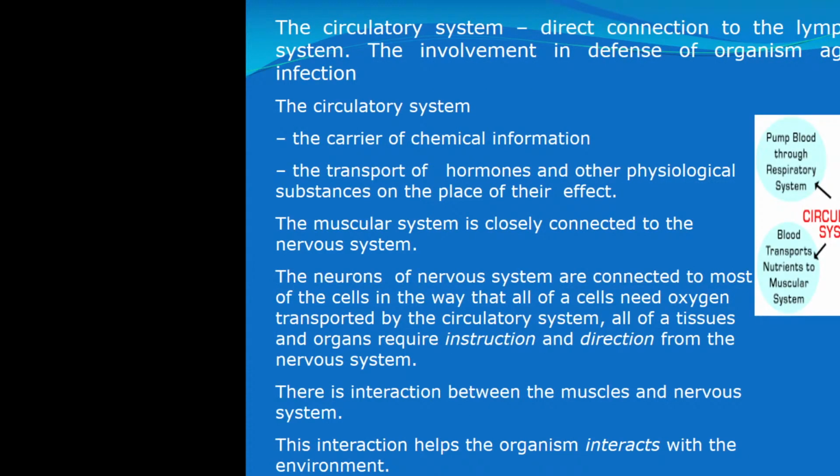The circulatory system has a direct connection to the lymphatic system, involved in defense of the organism against infection. The circulatory system is the carrier of chemical information, the transport of hormones and other physiological substances to the place of their effect.